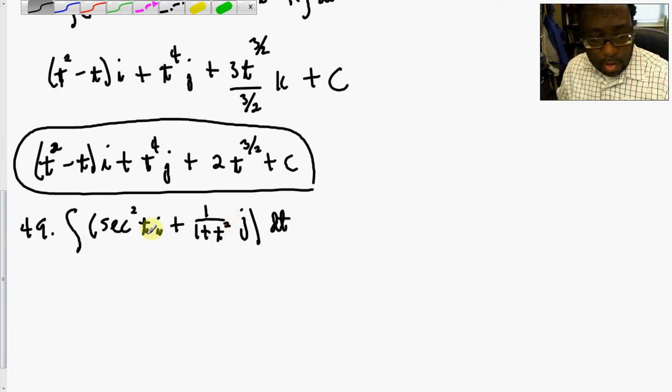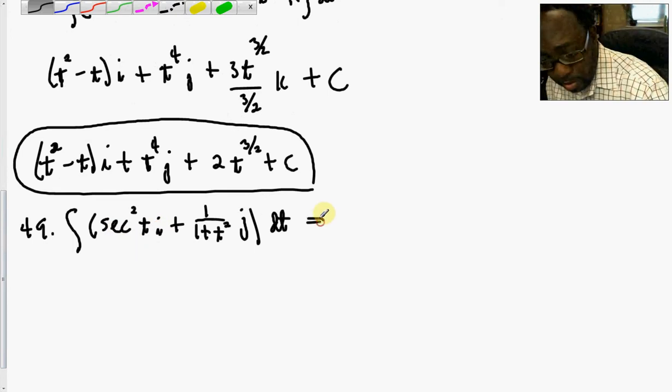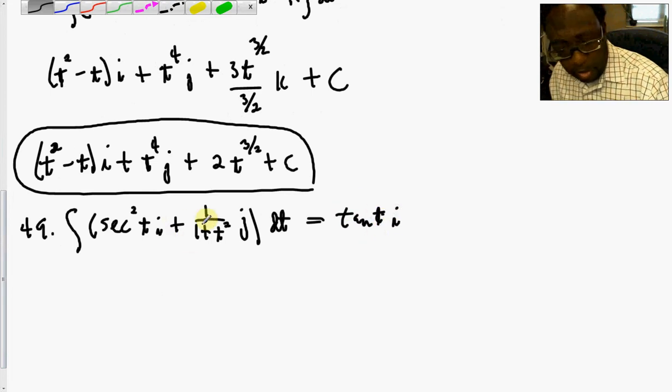So we integrate the i-th component, we integrate secant squared t, and that gives us tangent t i. And then we integrate 1 over 1 plus t squared. That's tan inverse.